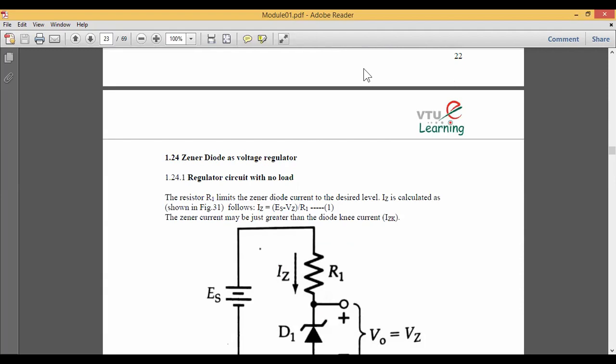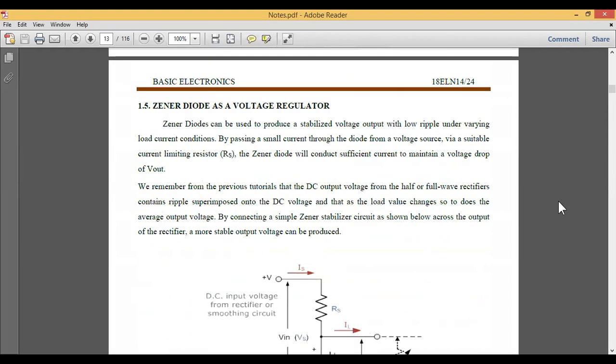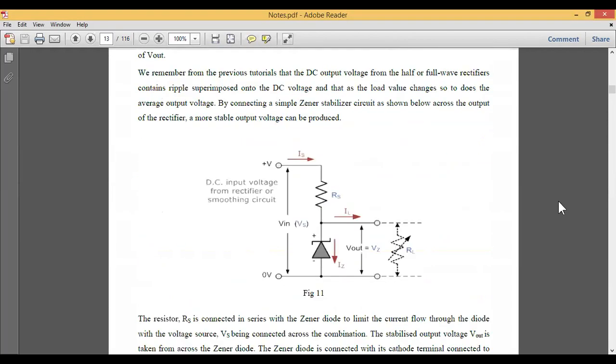Now looking at the application part, how a Zener diode can be considered as a voltage regulator, or you can say a stabilizer. If you look at this diagram, the DC input voltage from a rectifier or a smoothing circuit is applied to a voltage regulator.